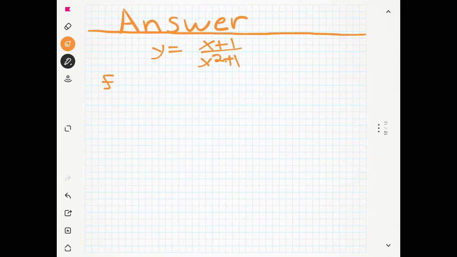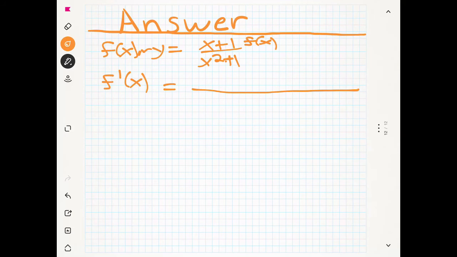So f prime of x, I'm just going to call this f of x or y. f prime of x is equal to, so let's start off with the top part, all right? So x plus 1 we're just going to call f of x, and then g of x is going to be the bottom. So first I would need to take the derivative of x plus 1. That's actually going to be very easy because it's only 1. Please remember that that x is to the power of 1.